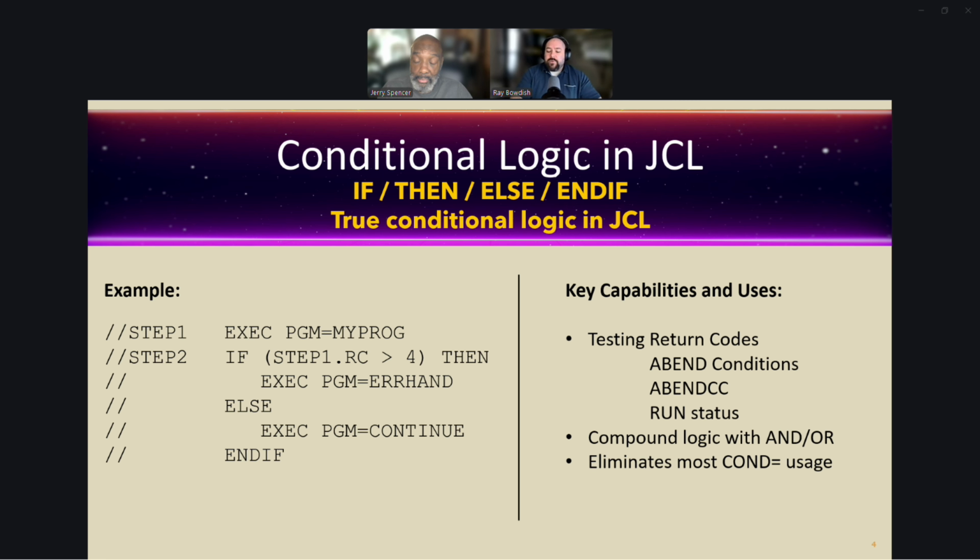But anyway, we check the step 1 return code. If it's greater than 4, then we execute a program called ERRORHAND, and it takes care of the errors. Otherwise, we run a program called CONTINUE, and then there's our ENDIF.